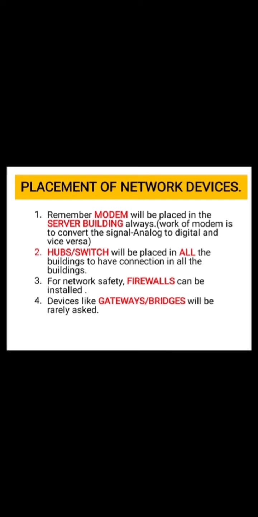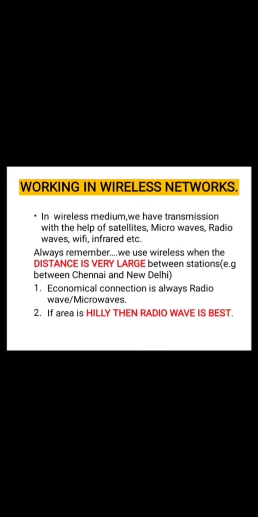If they ask how to connect two dissimilar networks, you have to write gateway. And if they ask where to connect two networks of similar type, then we can use a bridge.